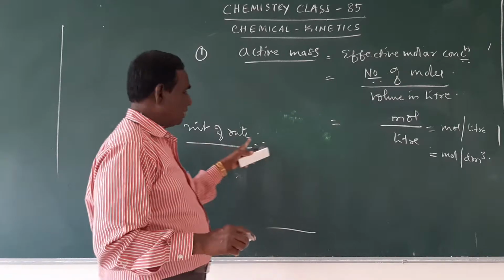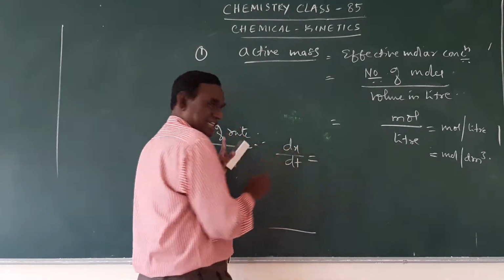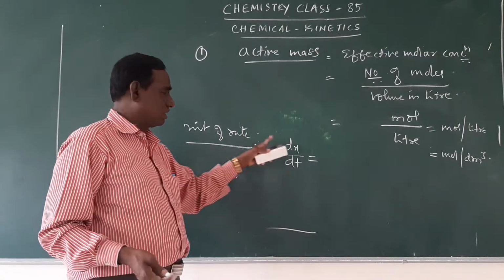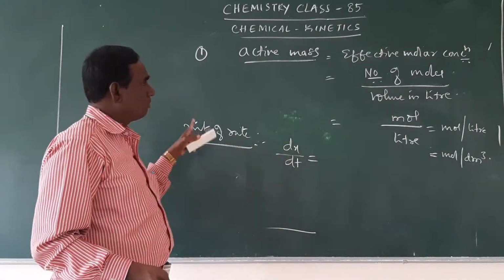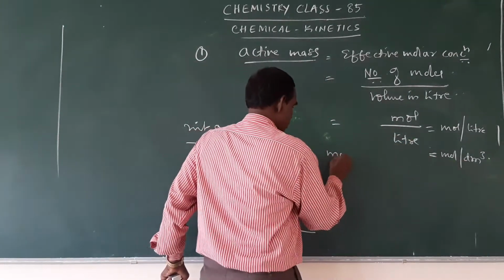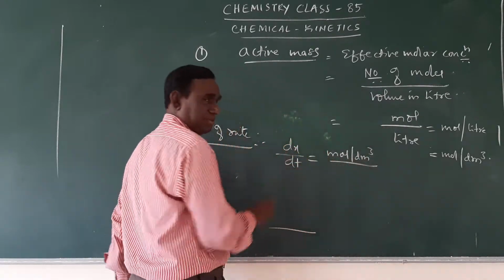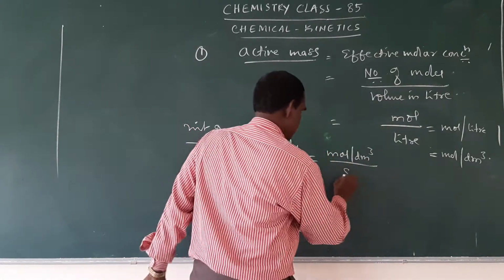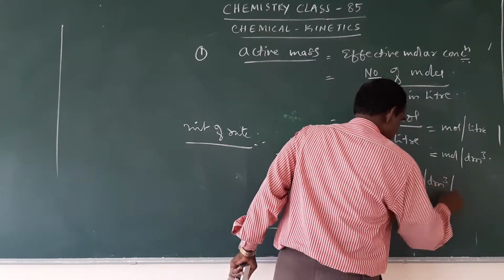Rate is nothing but dx by dt. We already know it is the change in the molar concentration of the reactant with respect to time t. Effective molar concentration is mole per dm cube or mole per liter, divided by dt, which is time in seconds. That will be equal to mole per dm cube per second.